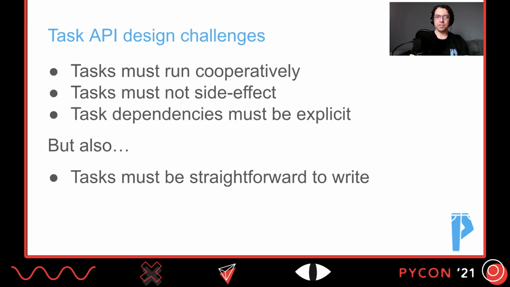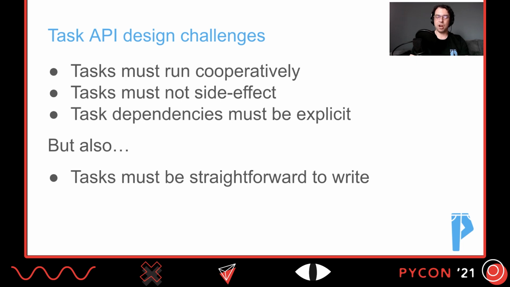So to achieve these design goals, they imply some important constraints. So for example, tasks cannot interfere with each other, and they can neither cause side effects nor rely on side effects. Particularly, this relates to the file system.